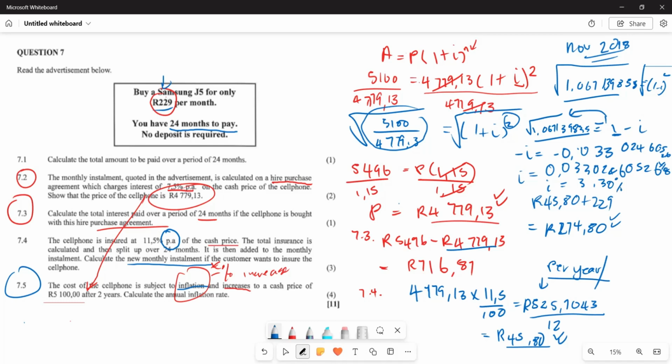That is basically your interest, which means the value of living increased by 3.30% in a duration of 2 years. Thank you very much.